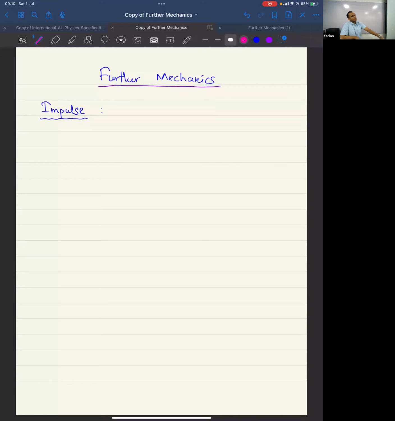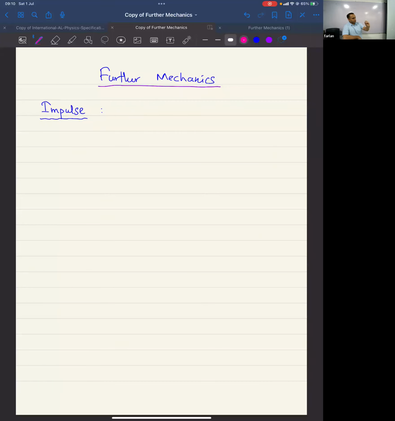Force is measured in what? Newton. What is impulse? You apply a force for a certain time.